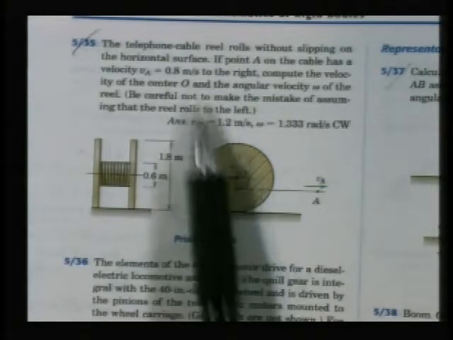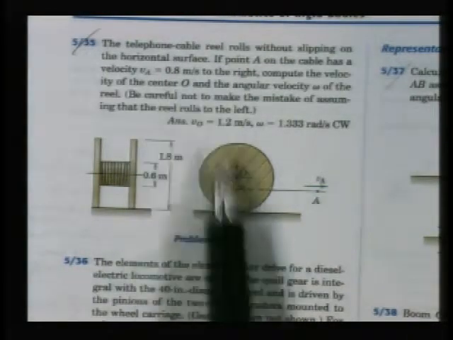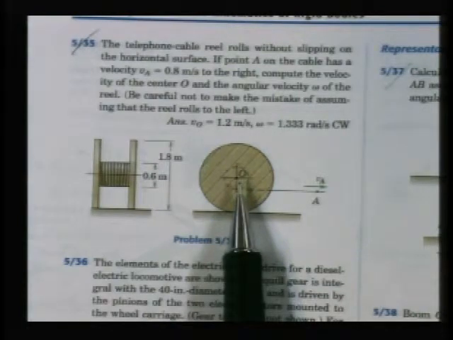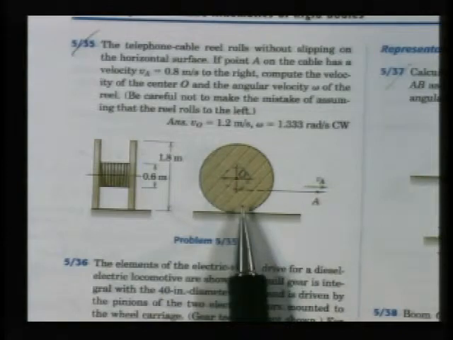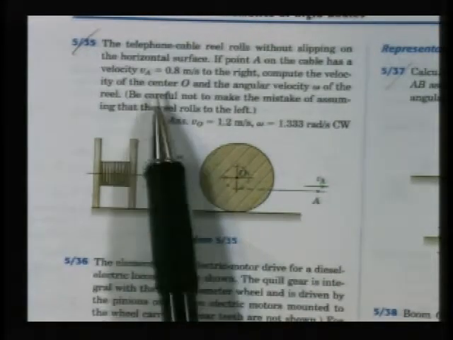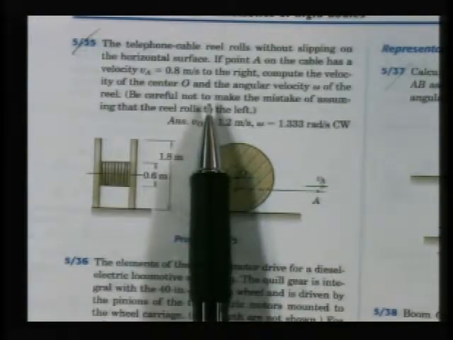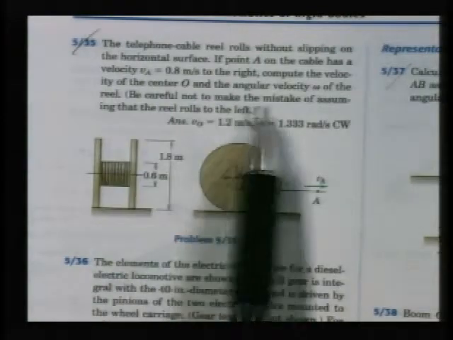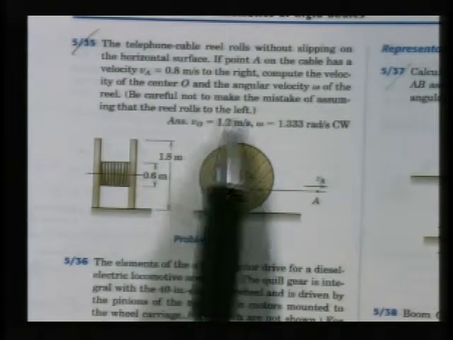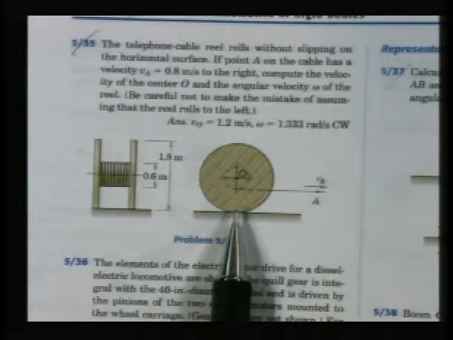We've got a velocity to the right, compute the velocity of the center O of the wheel and the angular velocity of the reel. And they gave you a hint. I wish they hadn't said that. Be careful not to make the mistake of assuming that the wheel rolls to the left, because that's the classic thing that people think of.